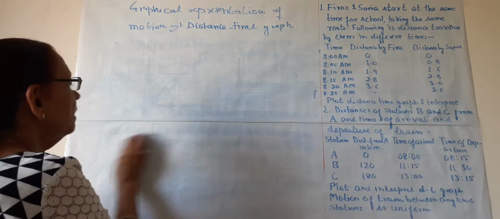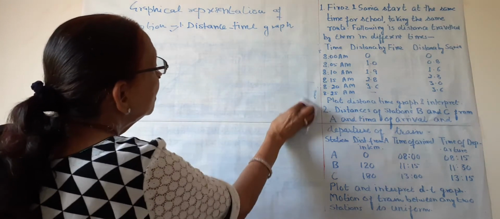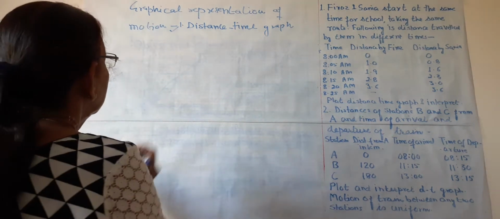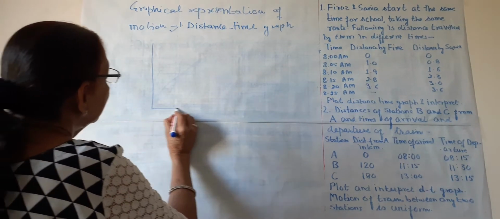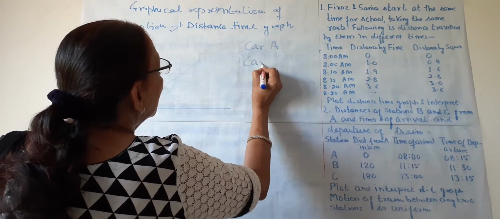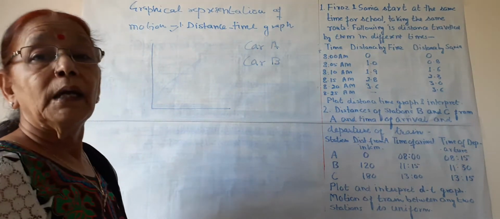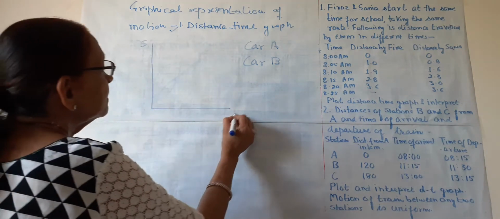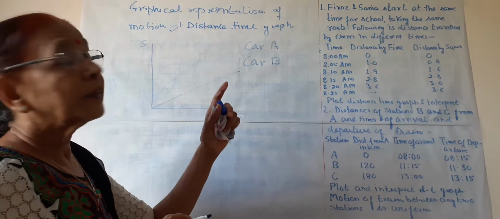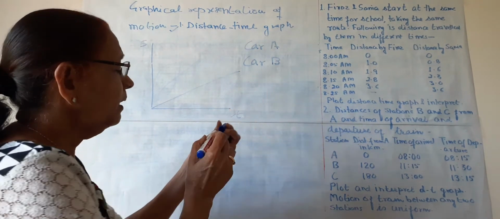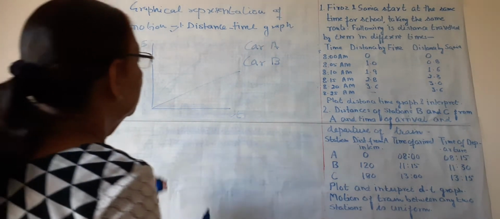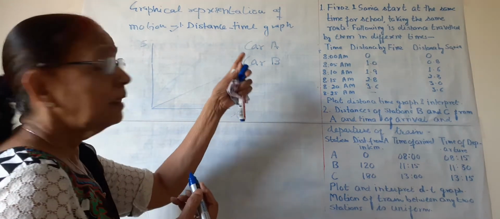Now we will see how to compare the distance-time graphs of two objects. Suppose there are two cars, car A and car B. This is S, this is T. Both are moving with uniform velocity, with constant speed.